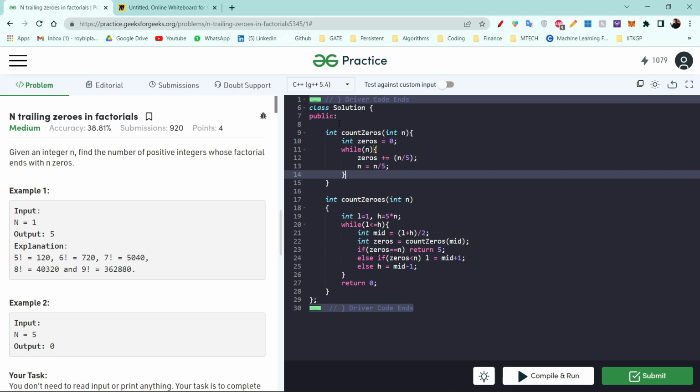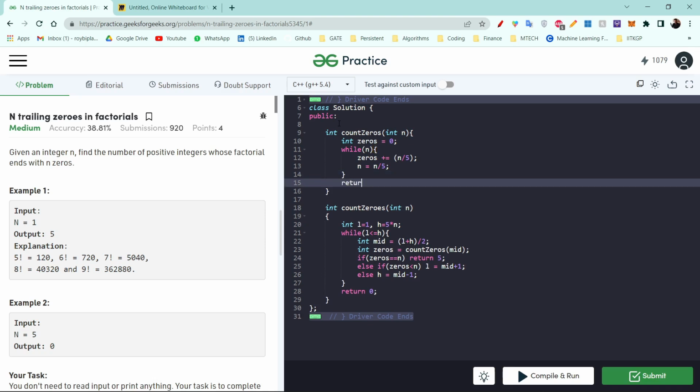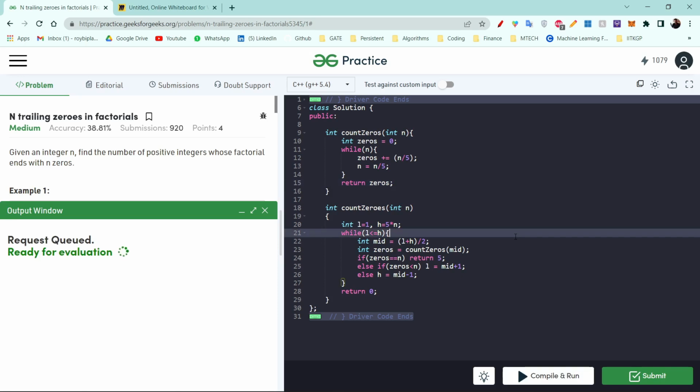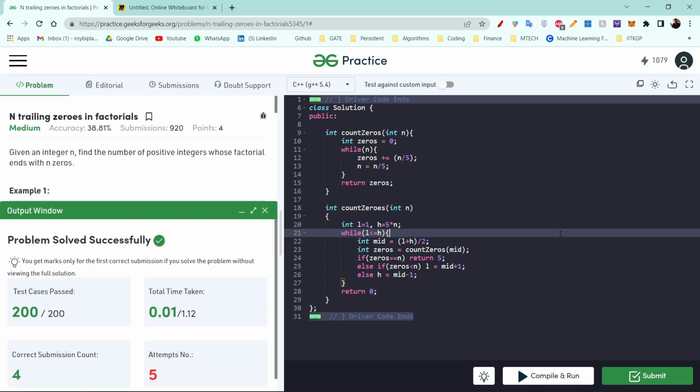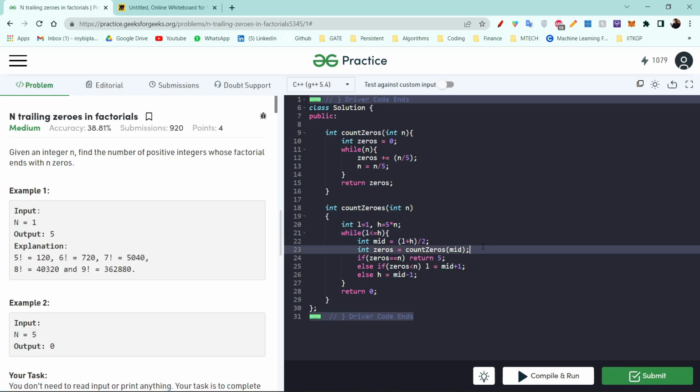And at the end we return the number of zeros. Let's compile and run this. Okay, submit it. Yeah, so this is our solution.